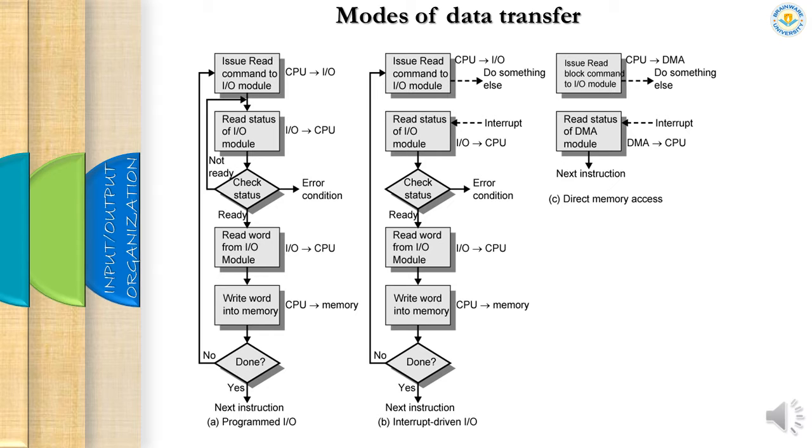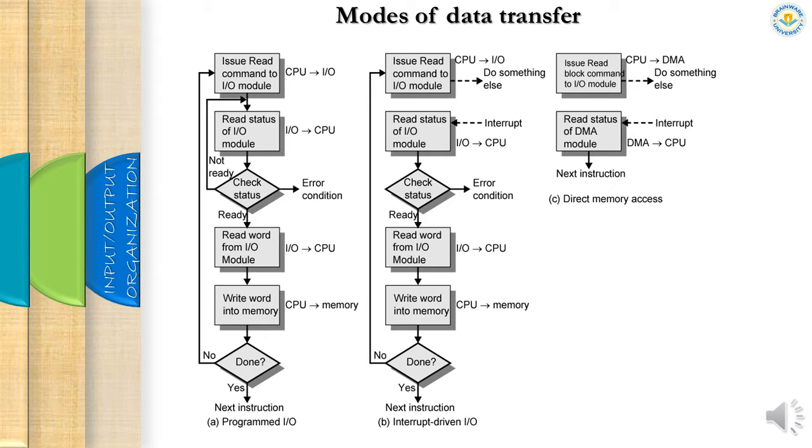This is a time-consuming procedure, since it keeps the CPU always busy needlessly. It may be overcome by allowing the device controller to continuously monitor the device and raise an interrupt to the CPU as soon as the device is ready for the data transmission.